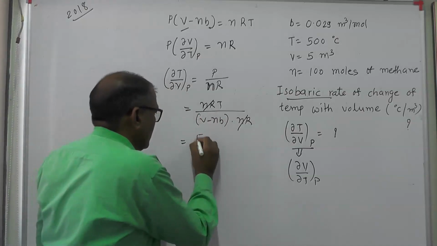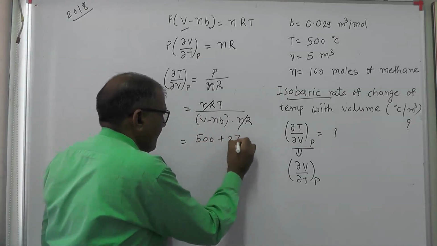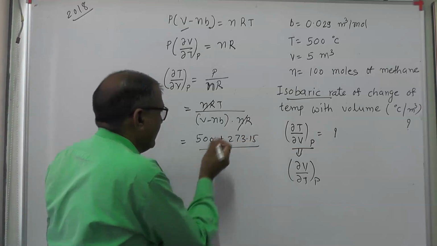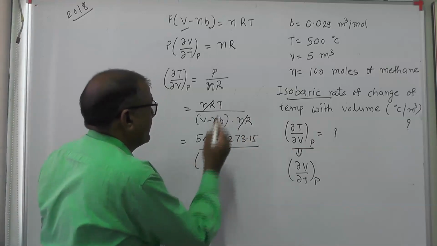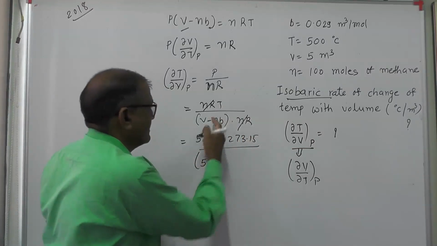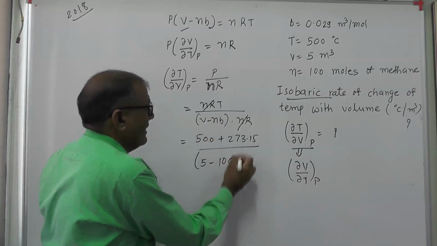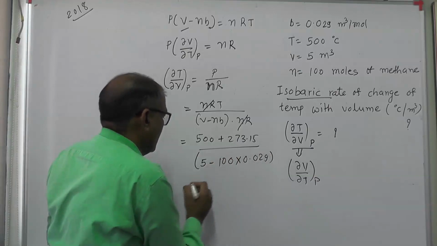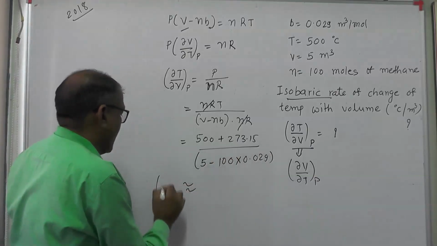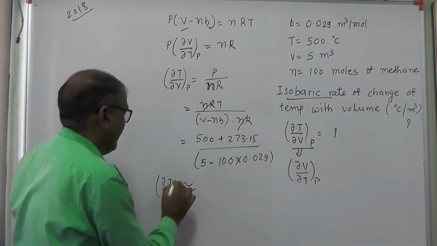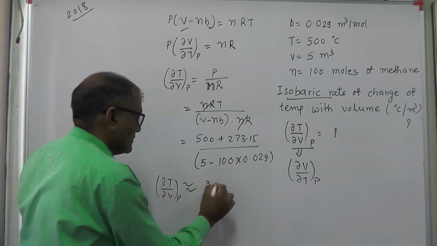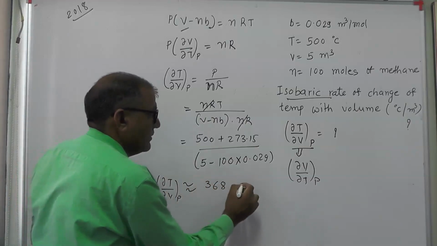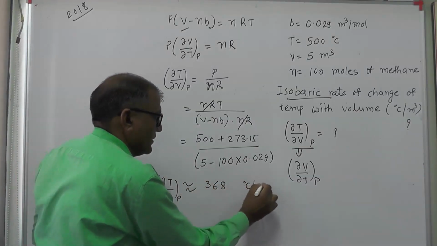I am going to put the value, and at the denominator 5 minus n is 100, and the value of b, that is 0.029. So the final answer is almost 368 Celsius per meter cube.